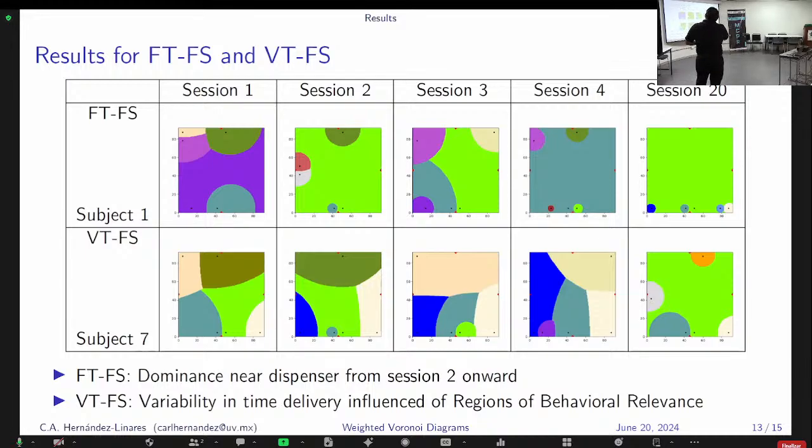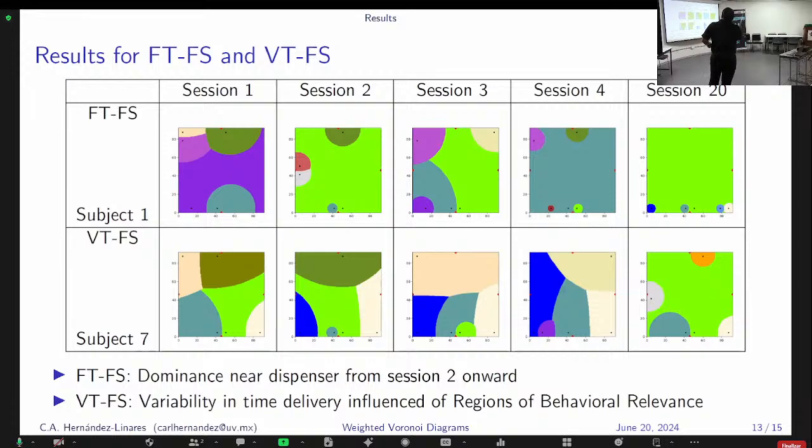In the first case, we can observe that the subject spent time in the water dispensers. The water dispenser is the red triangle, and also in the corners. Then in the last session, the predominant region is this one, the green.